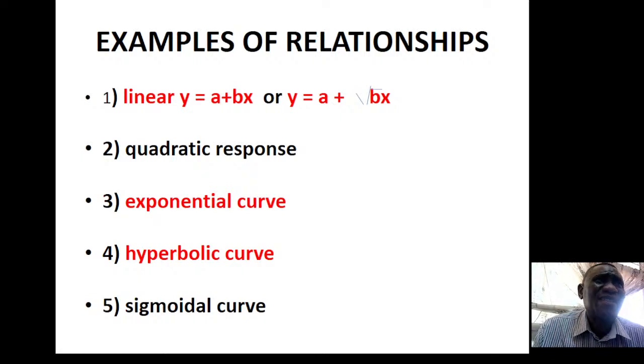Quadratic response is rare. Exponential curve, we can get it. The hyperbolic curve is very common. Then the sigmoidal curve, sometimes we can also get it. So what I'm going to do is probably try to explain step by step.